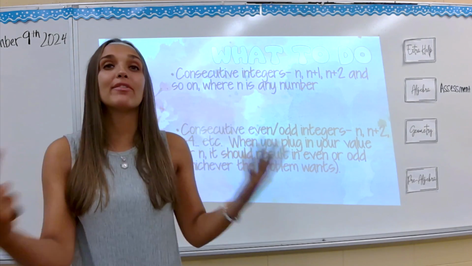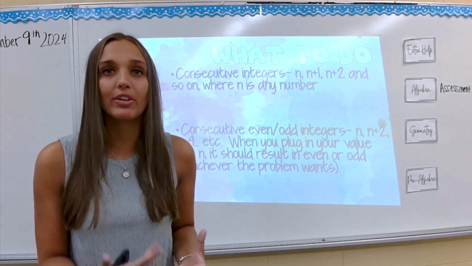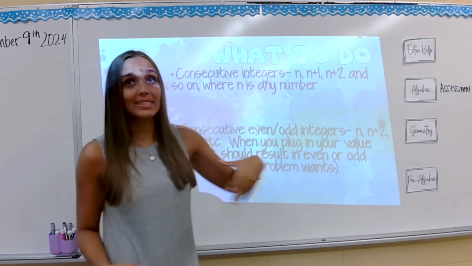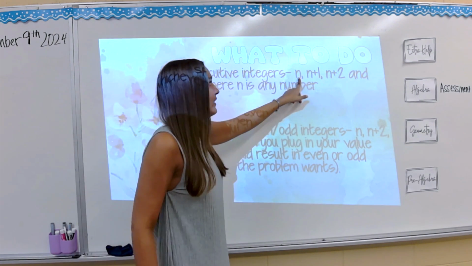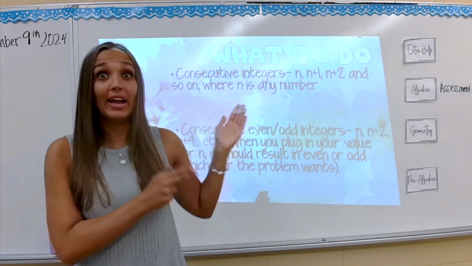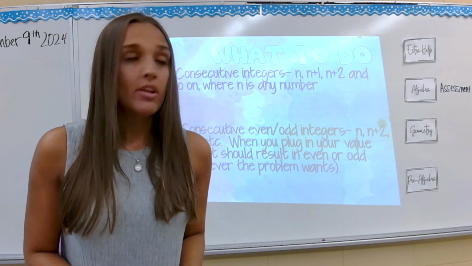You could label them any variable you want. You could do x plus 1, x plus 2. We just do n for number, but n plus 1, n plus 2, where n is any type of integer value. So for example, if my n is 5, 5 plus 1 is 6. 5 plus 2 is 7. So we have 5, 6, 7, which are in a row of our consecutive integer values.